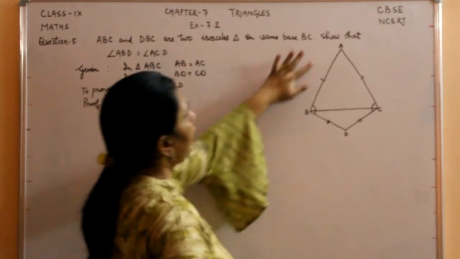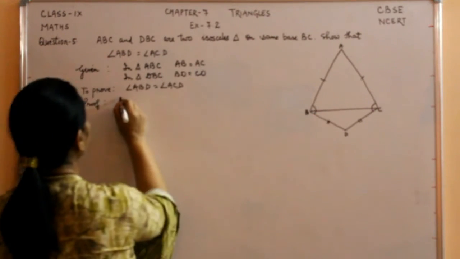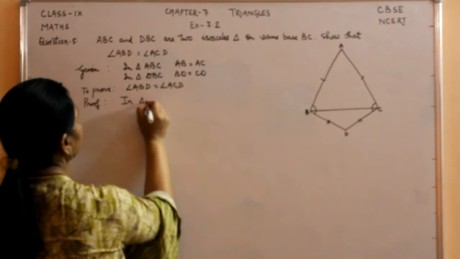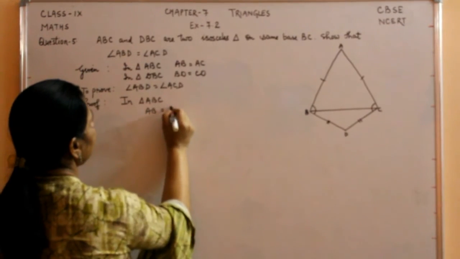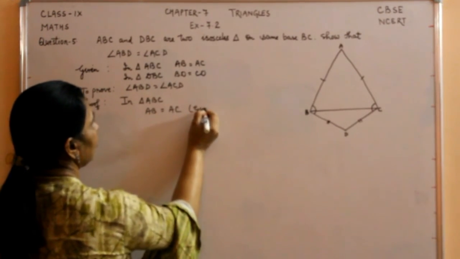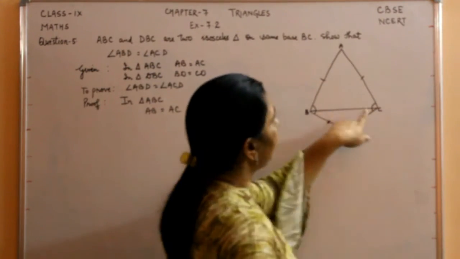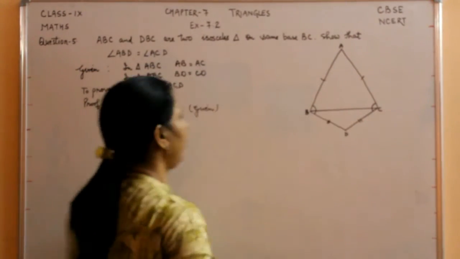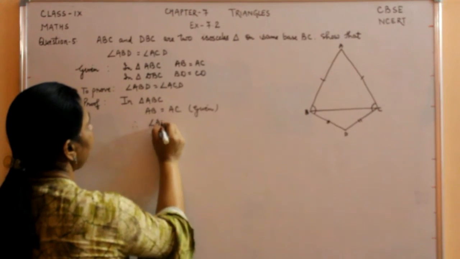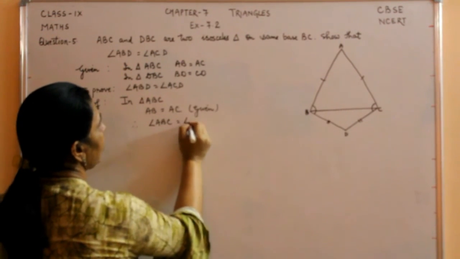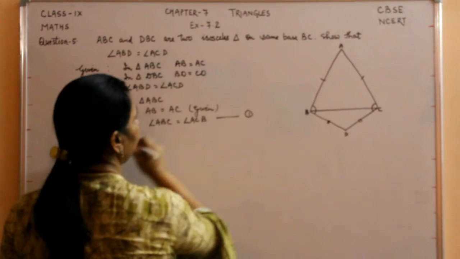Now in triangle ABC, AB is equal to AC is given. This AB equal to AC means angle ABC is equal to angle ACB. Therefore, angle ABC is equal to angle ACB. Let it be 1.